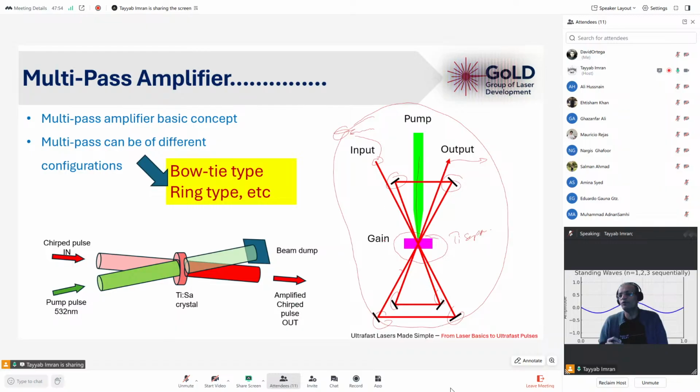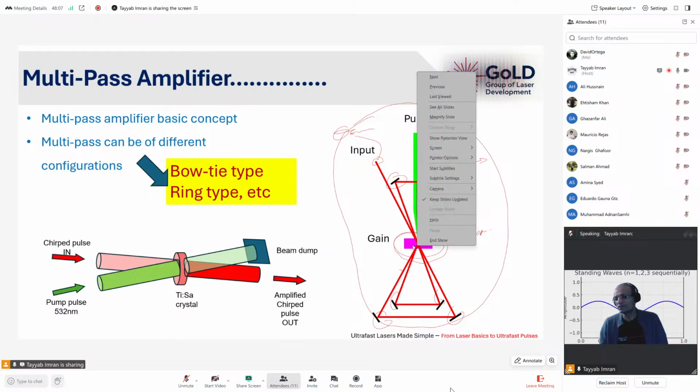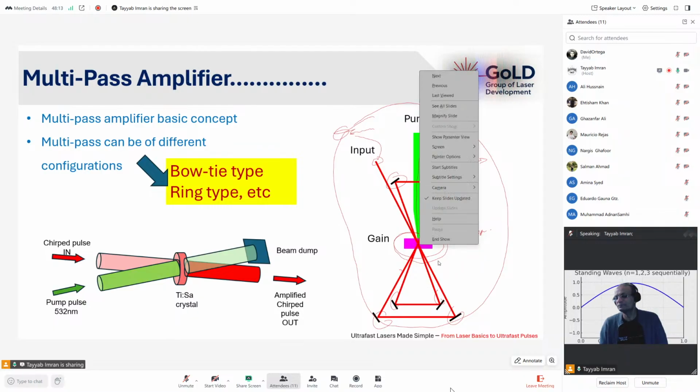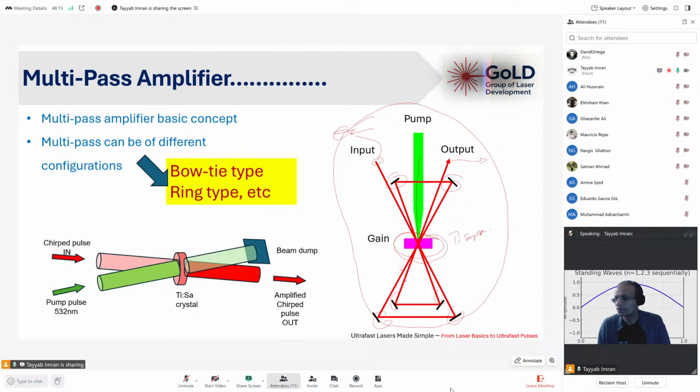The input beam is supposed to pass a number of times through the crystal. Okay, and this beam should pass through the crystal a number of times, and it should pass through the same point, the same area. It should not be like, if you have a crystal like this, one is passing like this, another like this, and another like this.